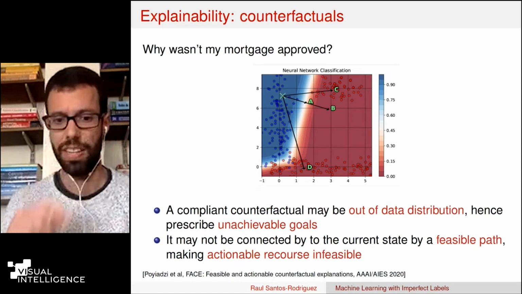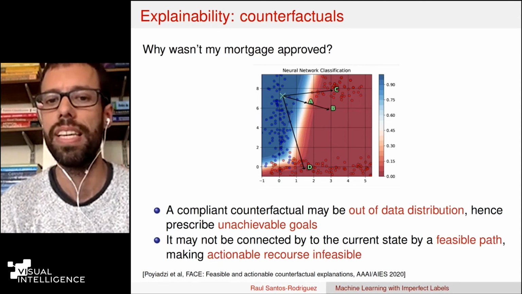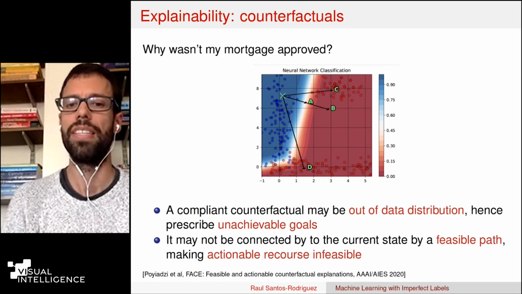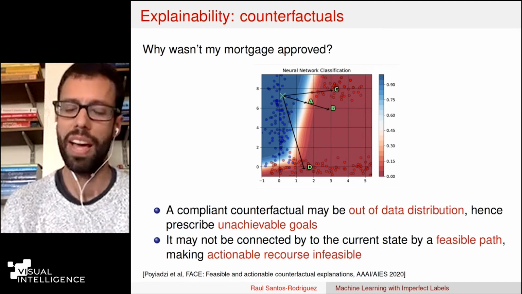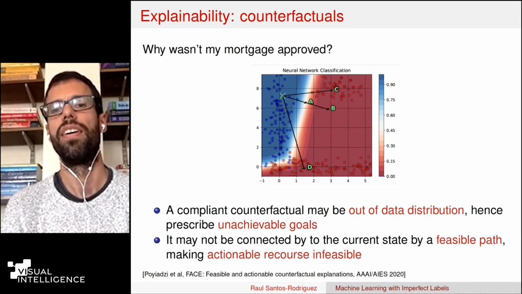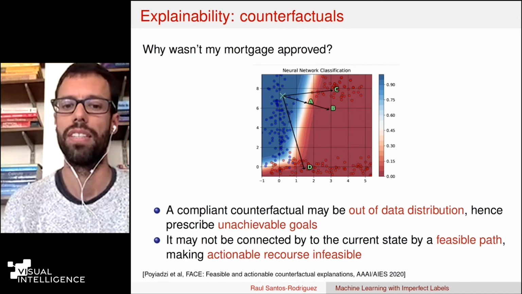And in a recent work, what we claim is that it might be better to return C or D, as those happen to be in areas where there is density. And density usually means that it is more likely that the advice that you're given by the counterfactual is feasible, so that you can achieve those values in practice.